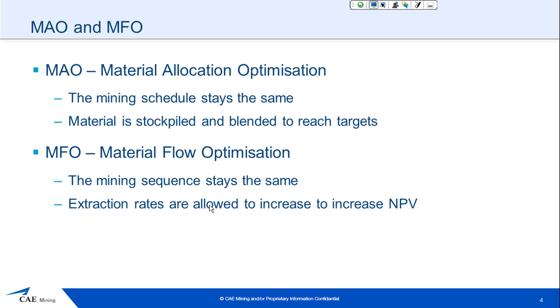So material can be stockpiled and blended to reach the targets. And material flow optimization, or MFO, has all the features of MAO. The mining sequence will stay the same in the order in which the blocks are extracted, but the extraction rates can be allowed to increase the net present value.